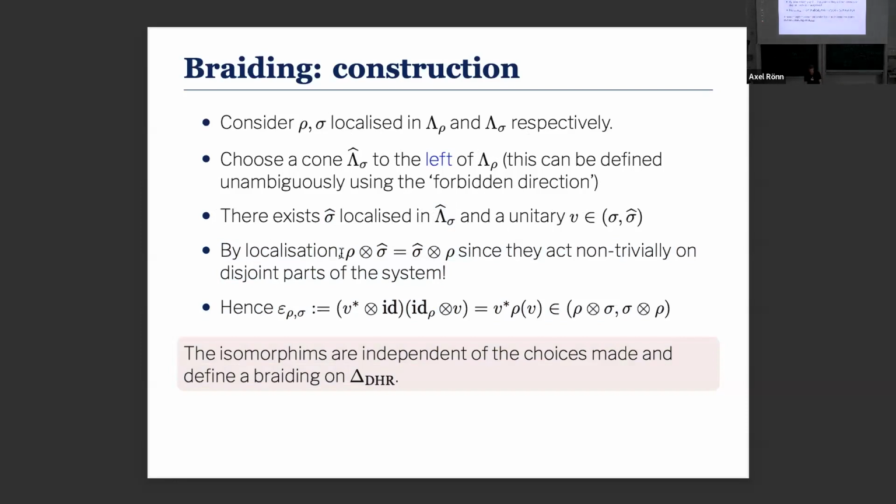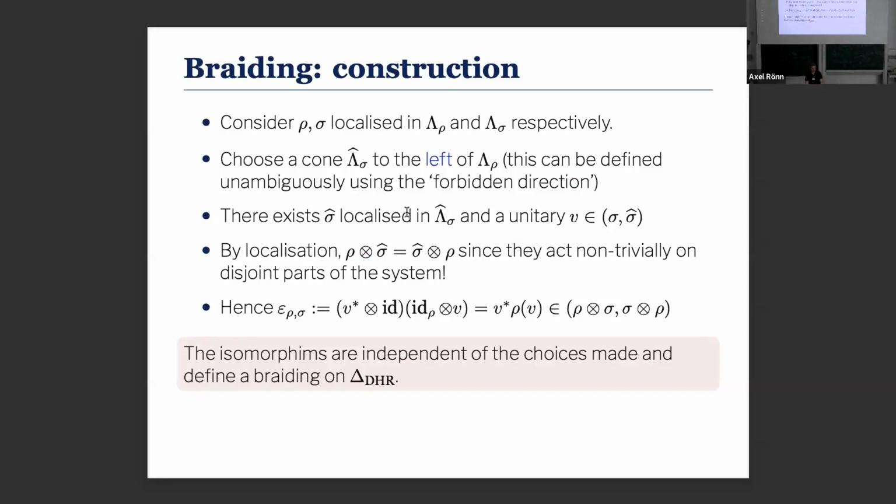Now our localization, this rho. Let me say that explicitly, I really mean to the left of lambda rho also with this joint. Now our localization, because this rho only acts non-trivially inside lambda rho.